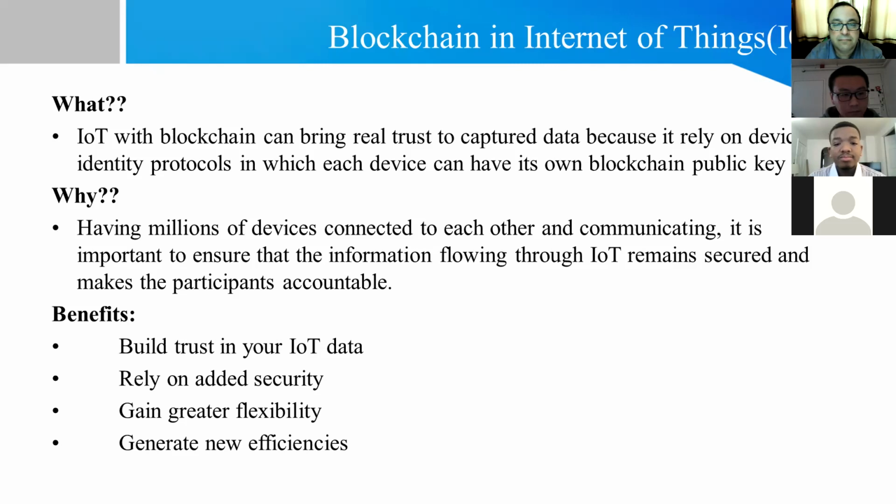As blockchain uses distributed ledger technology, we can bring trust in the IoT data. Apart from that, we can add extra security to our data with blockchain, and we can also increase efficiency and flexibility in our IoT data which is on the cloud. Next one, please.